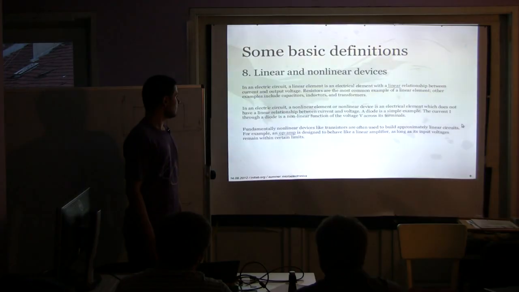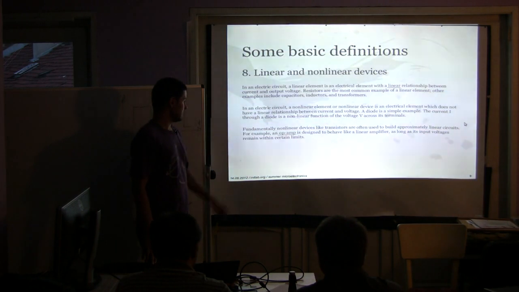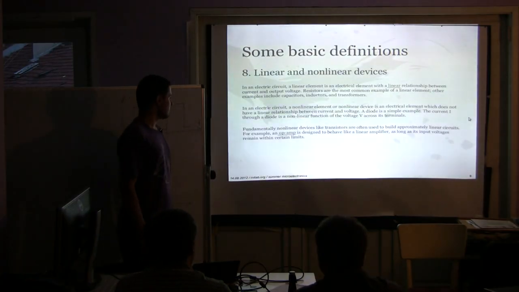Non-linear devices are elements like diodes and transistors. Sometimes this is interesting: fundamental non-linear devices like the transistor are often used to build approximately linear circuits, for example operational amplifiers, which we will build at the end.